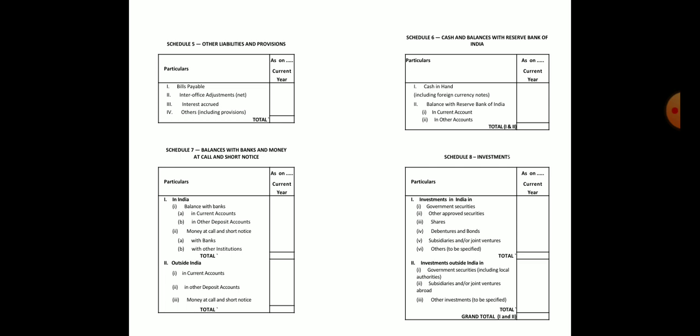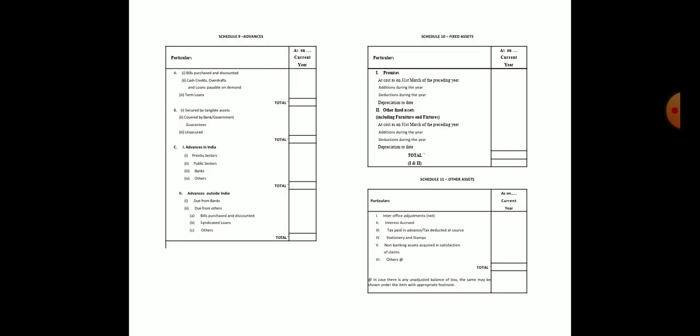Outside India again there are government securities, subsidiaries, joint ventures and other investments. If we add the first point in India and the second point outside India, then we will get investments as per schedule 8.